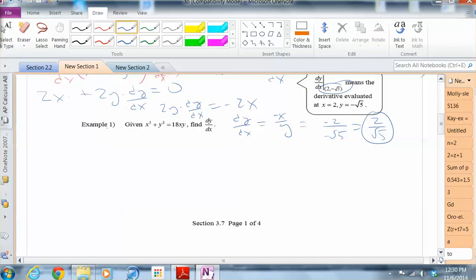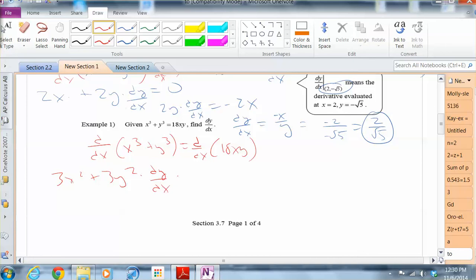So again, as an operation, I'm taking the derivative of both sides with respect to x. And the left side should be pretty standard, 3x squared plus 3y squared, but you gotta say dy over dx. 18xy.